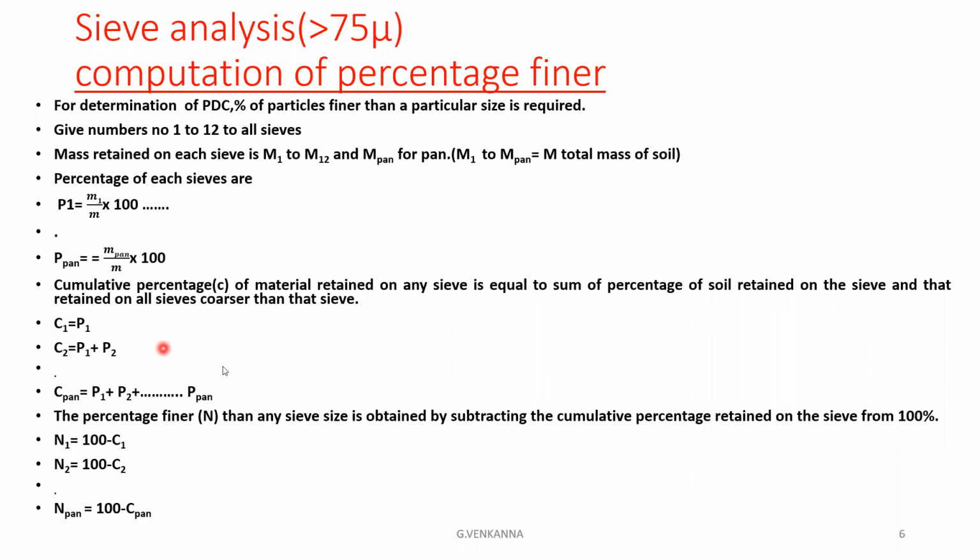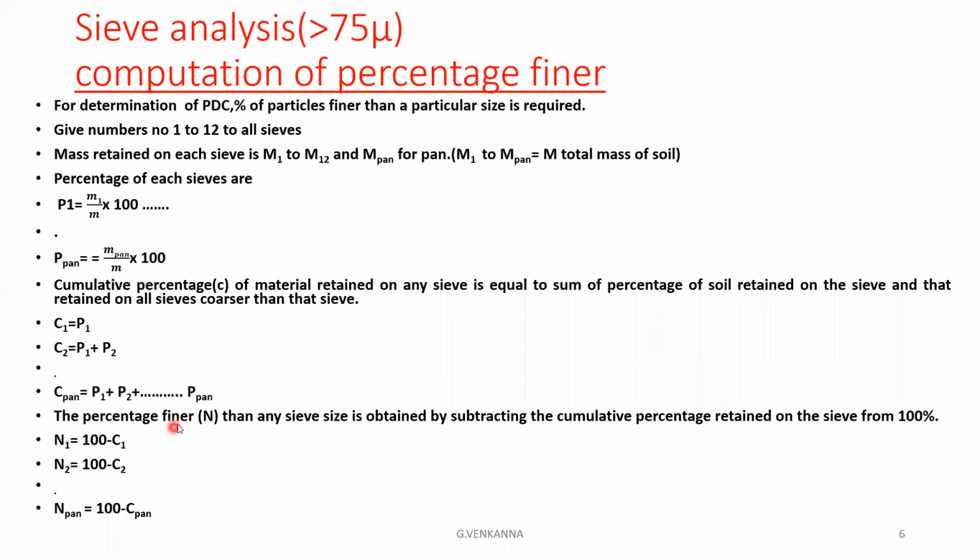After the calculation of the cumulative percentage, we can go for percentage finer. Percentage finer is obtained by subtracting the cumulative percentage retained on the sieve from 100%. Percentage finer means the percentage of particles that are finer than the particular size.